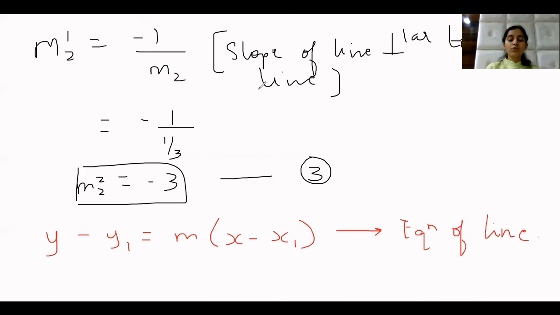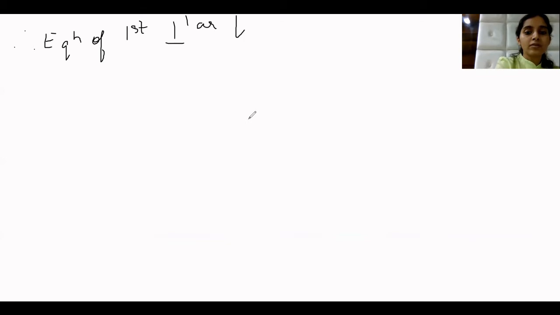We're going to use it for our two slopes. Now, let us write the equation of the first perpendicular line.